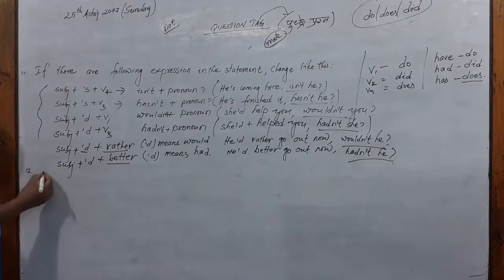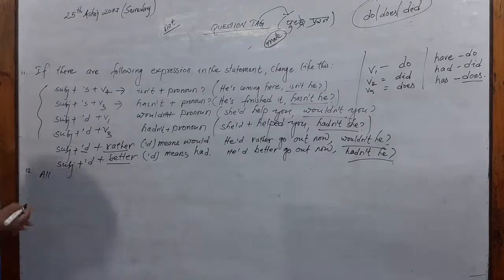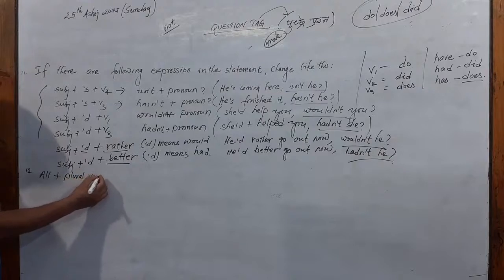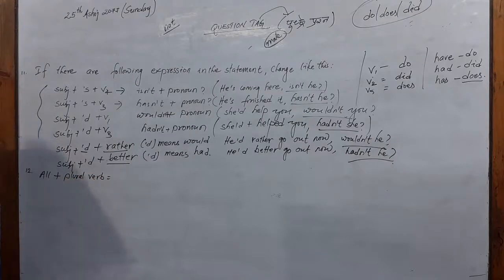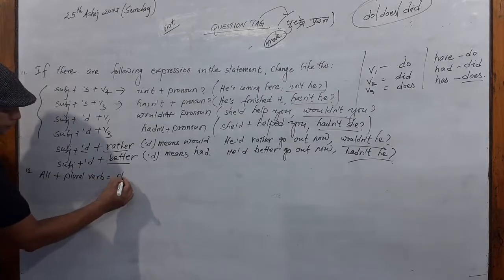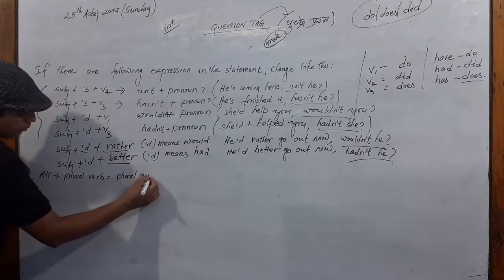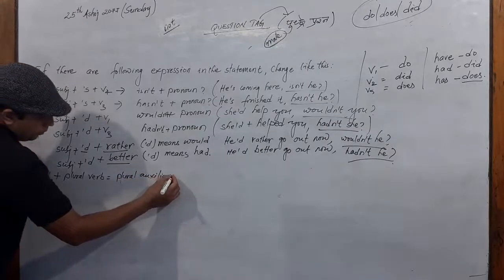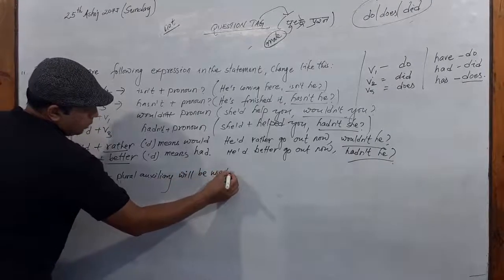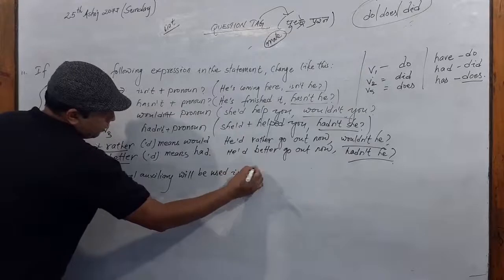So if there is "all", it means we don't know how many are there. Okay. If all plus plural verb, then a plural auxiliary verb will be used in the tag.